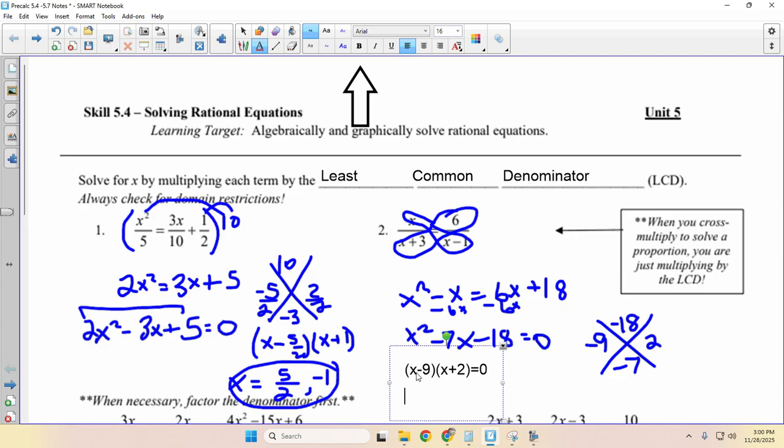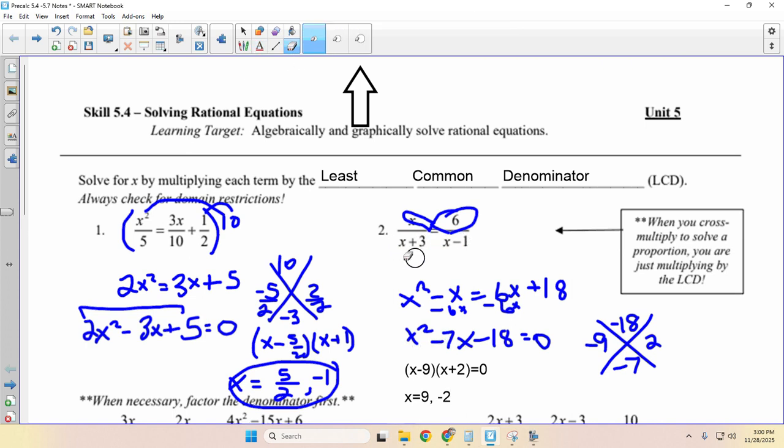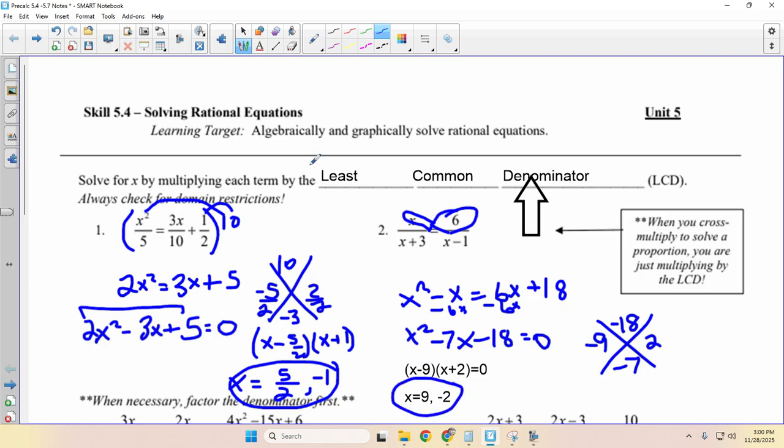So our zeros are x equals 9 and negative 2. Now we go up and look: are there any restrictions in the denominator? If I put in 9 or negative 2 into this denominator, are they going to make my denominator 0? The answer is no, so those two are my real zeros. Yay!